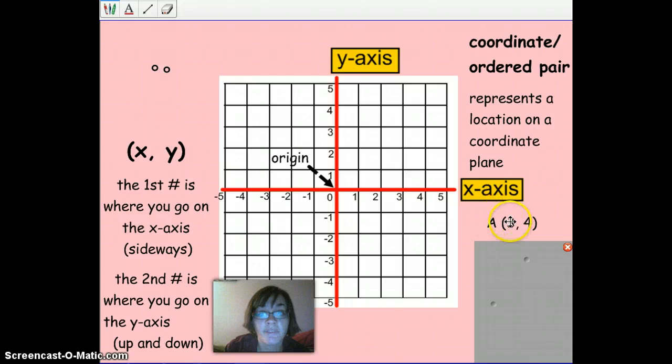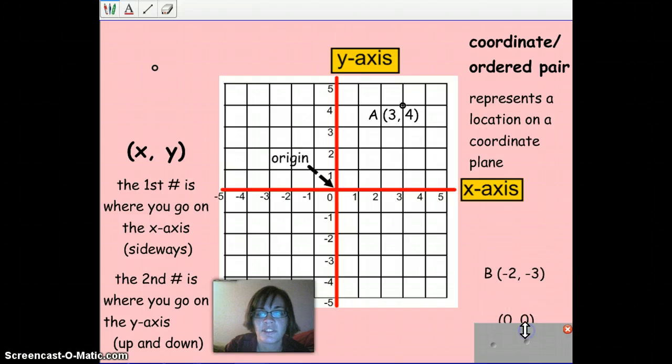Let's call it point A, and that's going to be 3, 4. You always start at the origin, and we're going to count the lines, remember, not the spaces. So we're going to go to 1, 2, 3, and then you're going to go up 4 because it's a positive number. 1, 2, 3, 4. And that right there, ladies and gentlemen, is where point A is located.